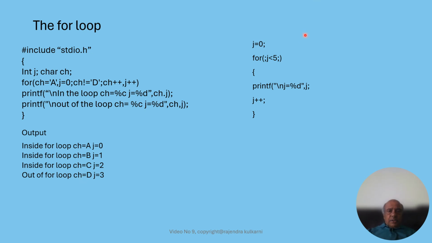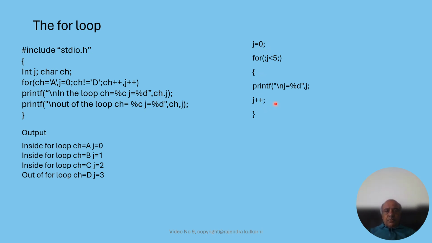Another way of using the for loop, j is equal to 0. In this example, what we are doing is just putting a comparison expression, no initialization, no incrementation or no change in the test variable's value. Opening brace. What we have done is we have initialized j is equal to 0 before the loop starts.